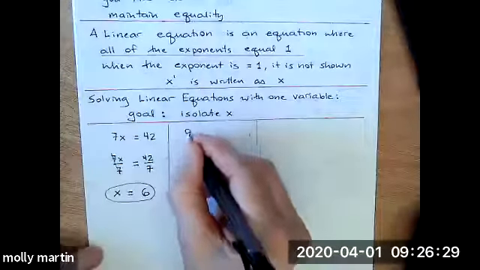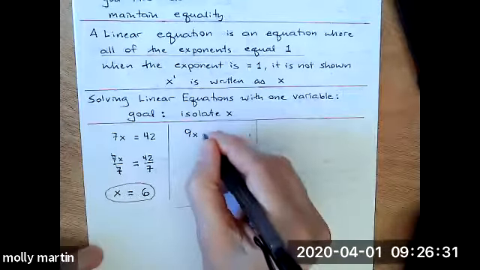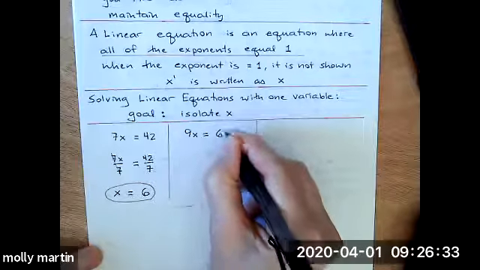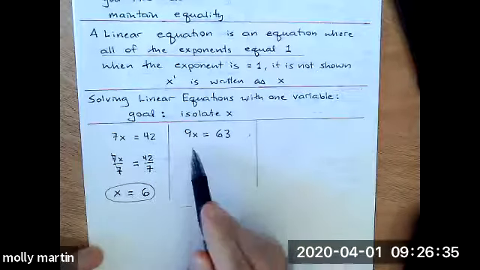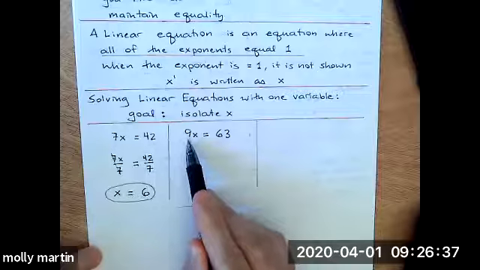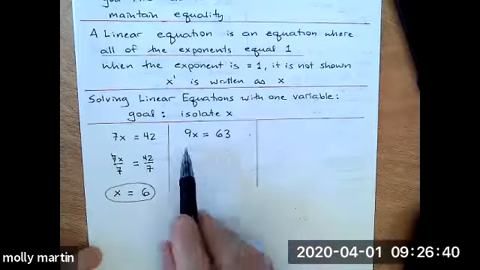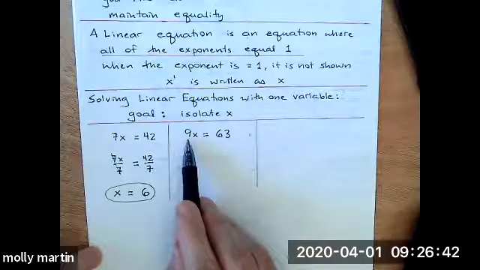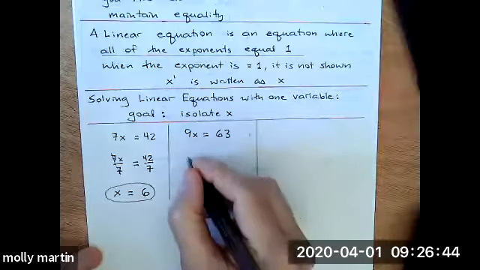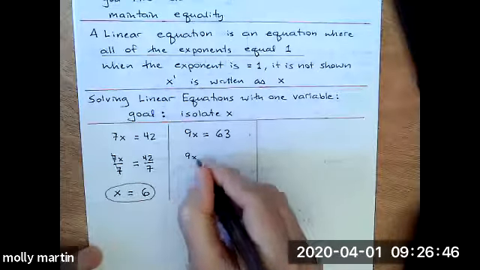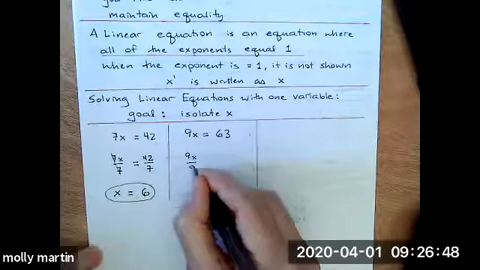If we have 9x equals 63, the x is being multiplied by 9, so we do the opposite of multiplying by 9, which is to divide both sides by 9.